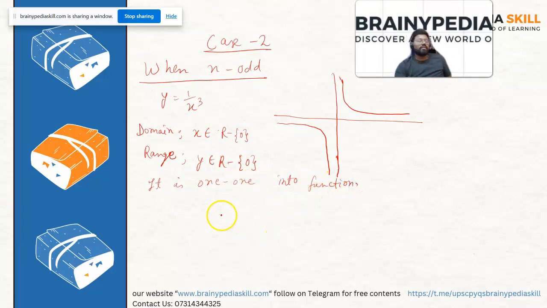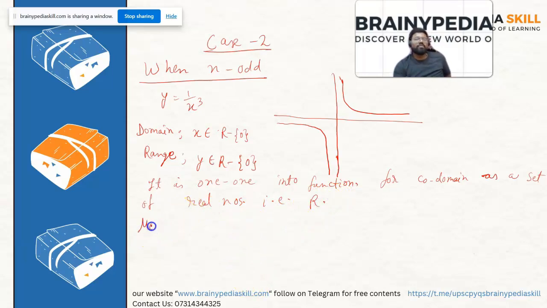It is a one-one into function for codomain as a set of real numbers. Okay, this part is clear.